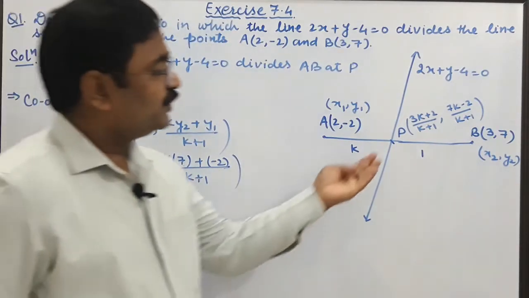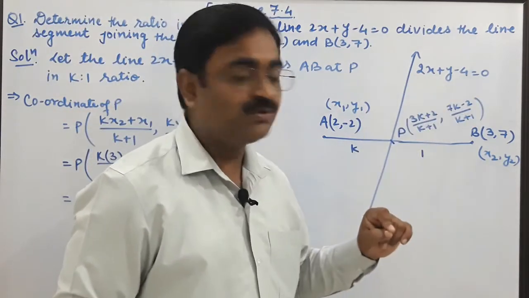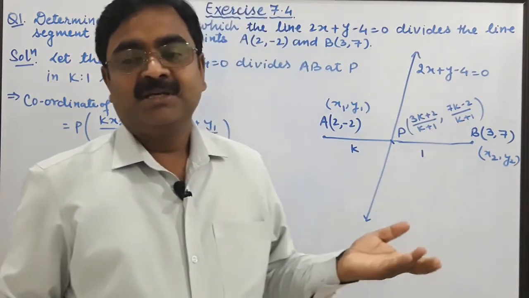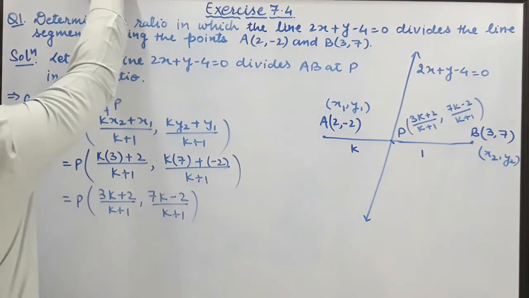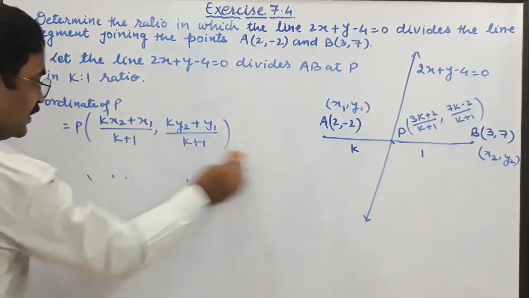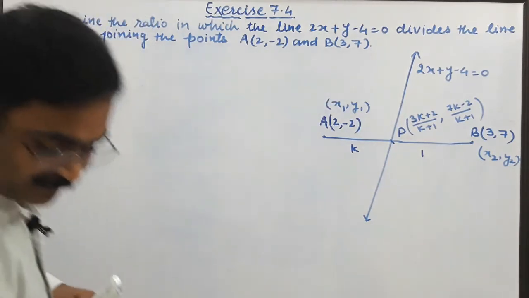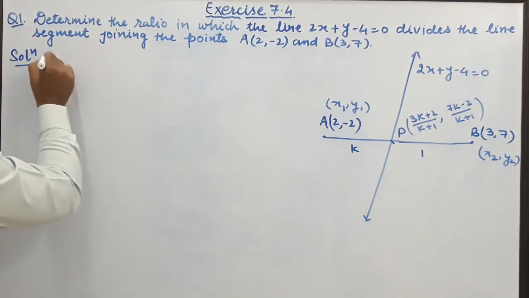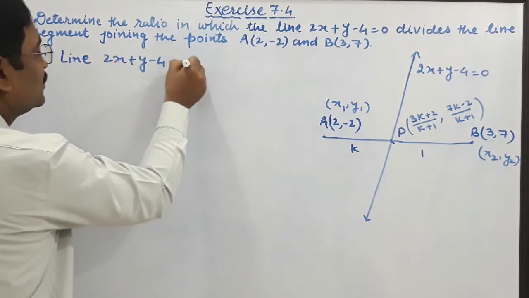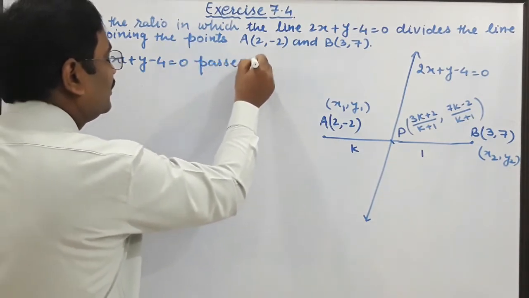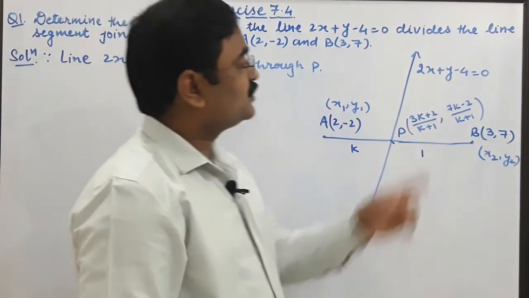Now, after getting the coordinate of this point P, what do we observe? We observe that this line 2x plus y minus 4 equals to 0 passes through this point P. If this line passes through the point P, it means the coordinate of P should satisfy this line equation.